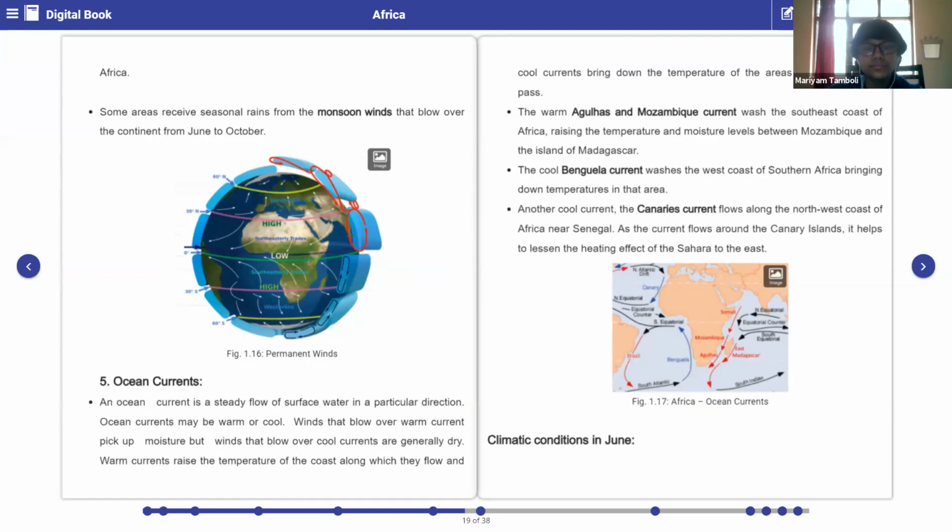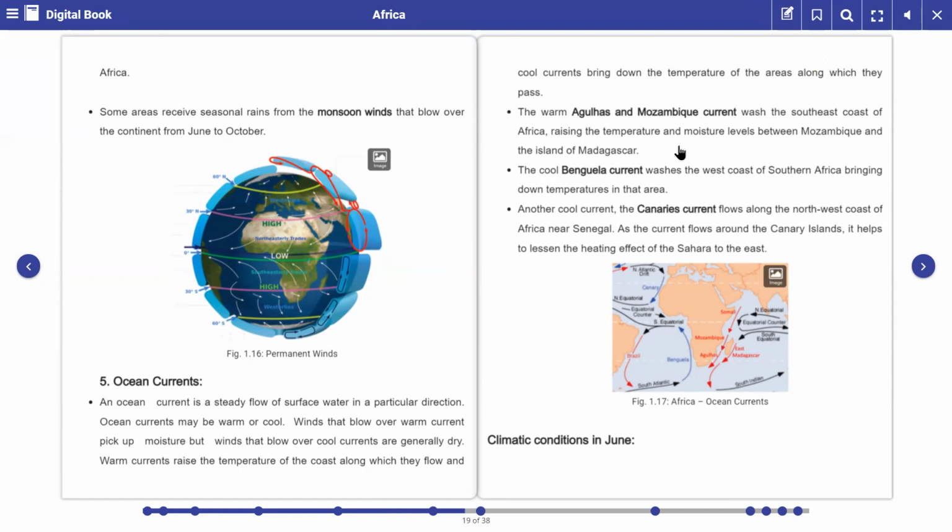And what is the time? June to October. If you see the diagram, you will find the images given over here where the monsoon winds are carried from June to October.